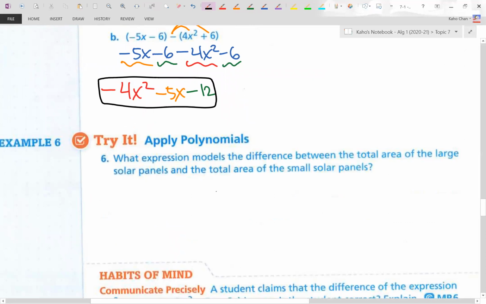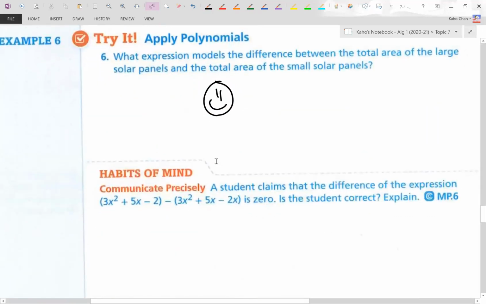Yay! Skipping number 6. And hey, habits of mind. A student claims that the difference of the expression is 0. Is the student correct? Let's see if it works or not. So let's rewrite this: minus 3x squared minus 5x plus 2.